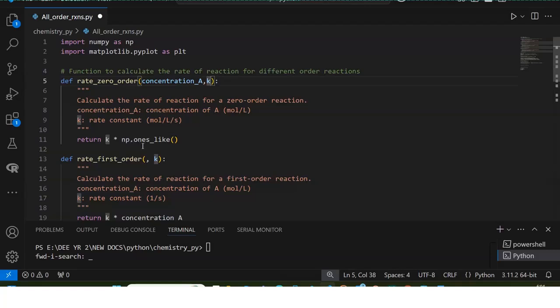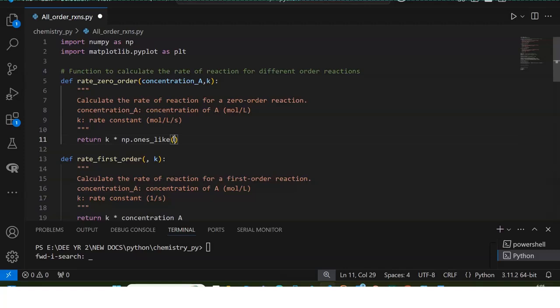The function numpy.ones_like will produce ones that are multiplied into k, and those values are then fed into the model so we can get the rate of the reaction.